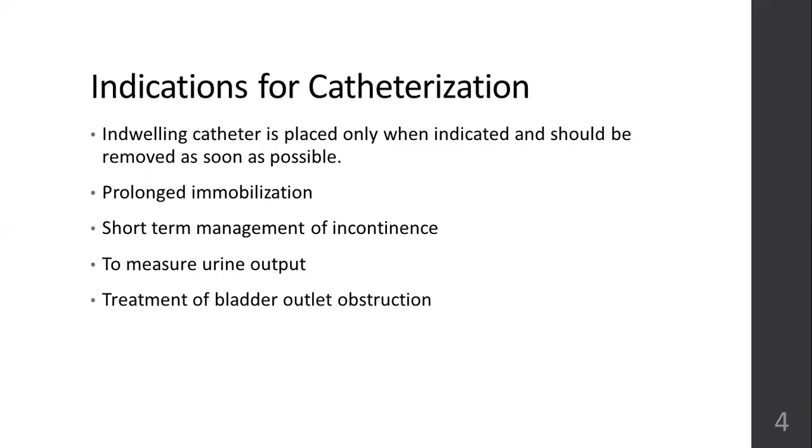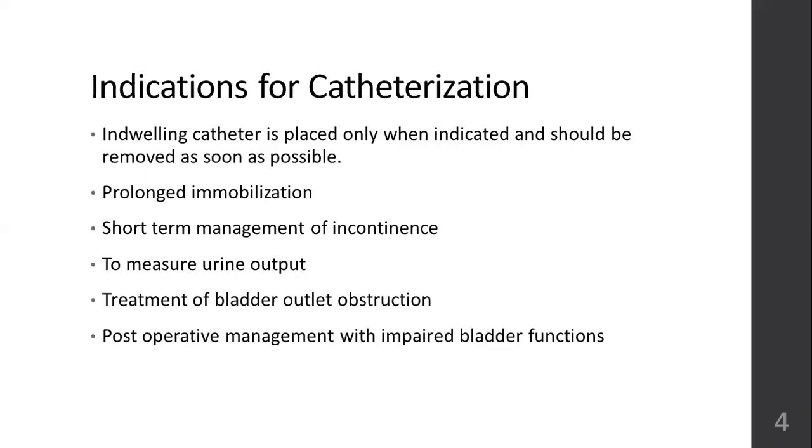To treat that, catheterization will be recommended. Then post-operative management with impaired bladder function, especially if a bladder surgery or a nephrology surgery has been done. Soon after that, the patient will be under catheterization for a few days.